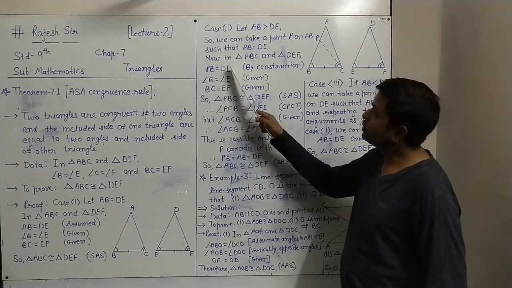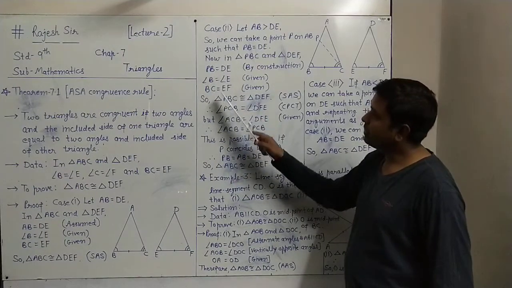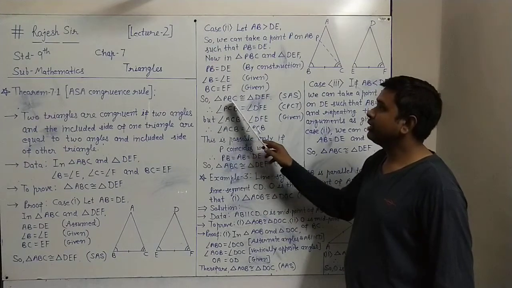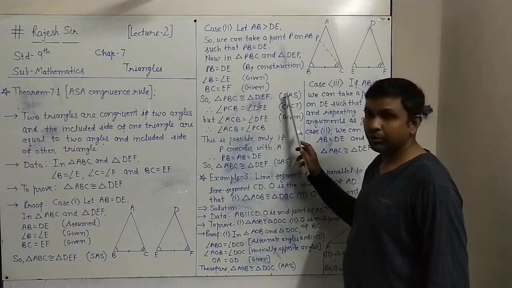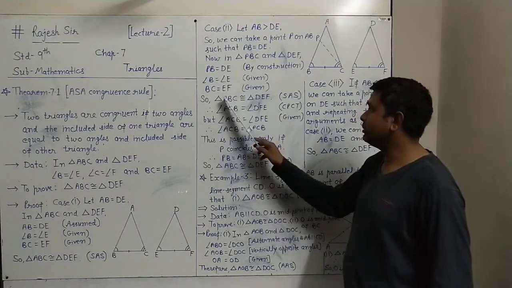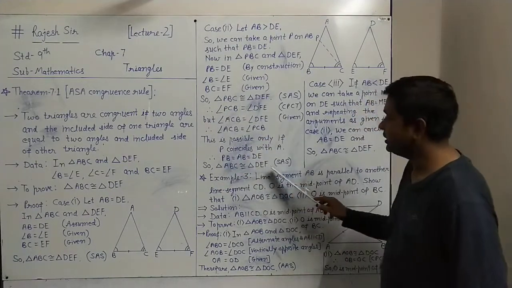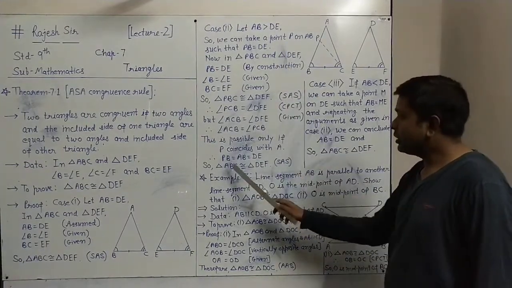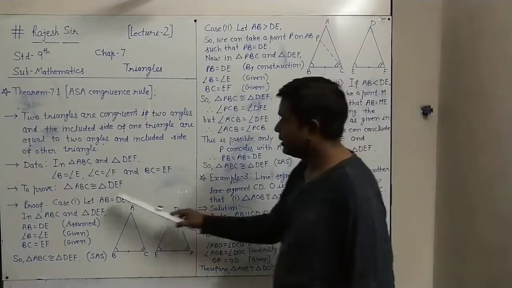If AB equals DE, then in place of P we can write A. So since triangle PBC is congruent to DEF, replacing P by A, we have triangle ABC congruent to triangle DEF by SAS. So in the second case also we got triangle ABC congruent to triangle DEF.